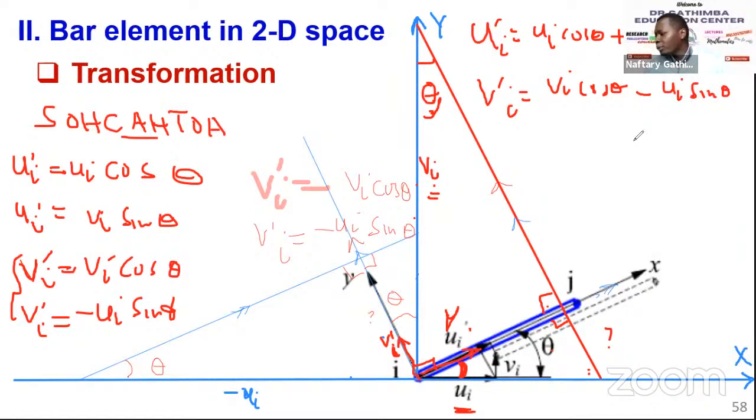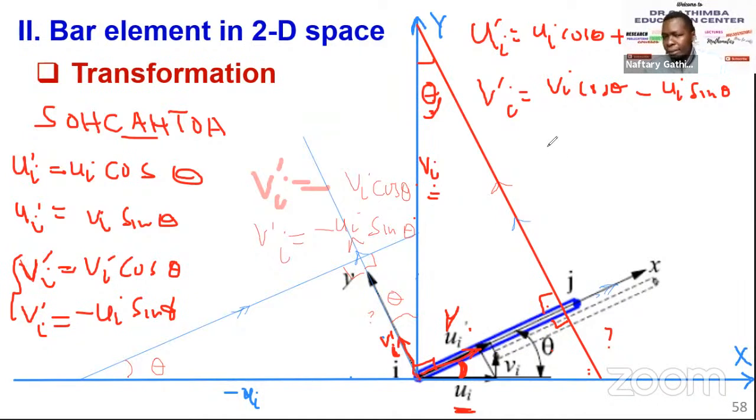So this is what you have in your note. So you don't have this derivation, and I hope you can follow it the way we have derived it simply. So now you can go ahead and start writing this in matrix form.